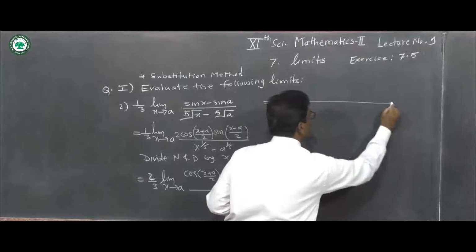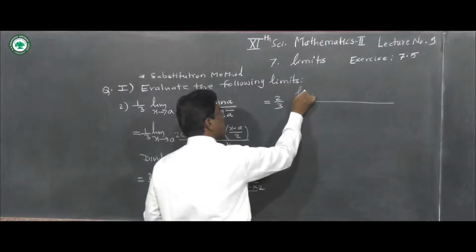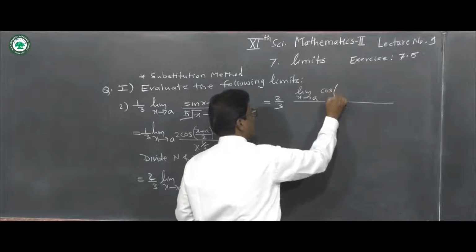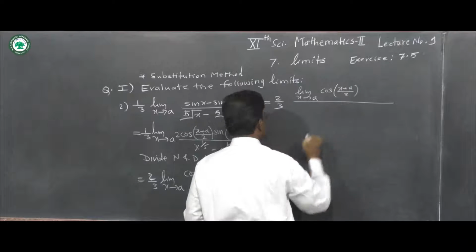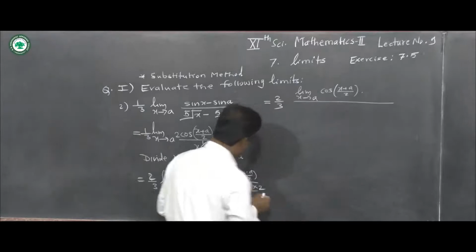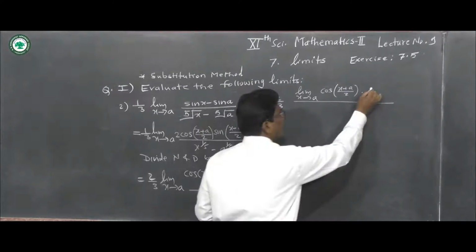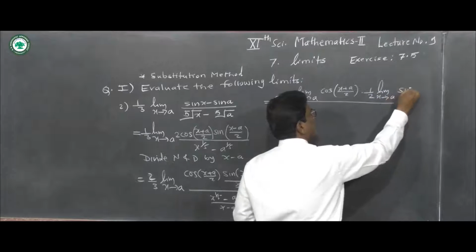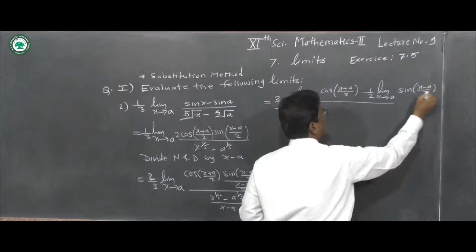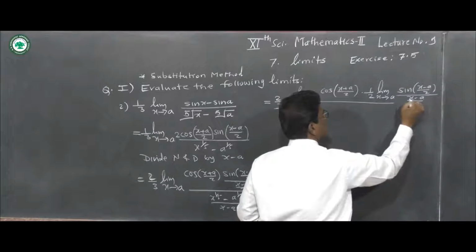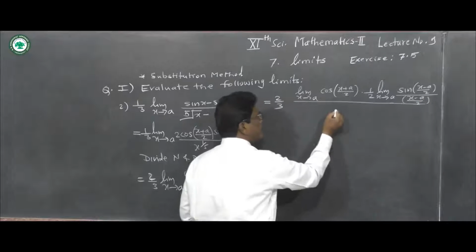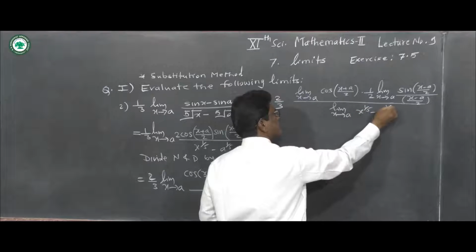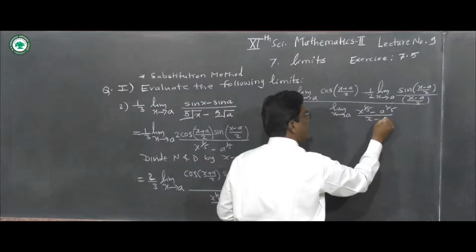We separate the limit for every term, that is limit x tends to a of cos of (x plus a) divided by 2, into, we take this 1/2 outside the limit, 1/2 into limit as x tends to a of sine of (x minus a) divided by 2 over (x minus a) divided by 2, and divided by limit as x tends to a of x to the power 1 by 5 minus a to the power 1 by 5 divided by x minus a.